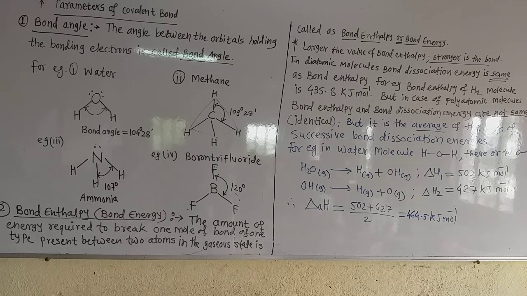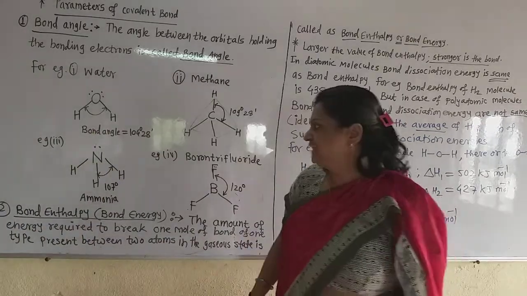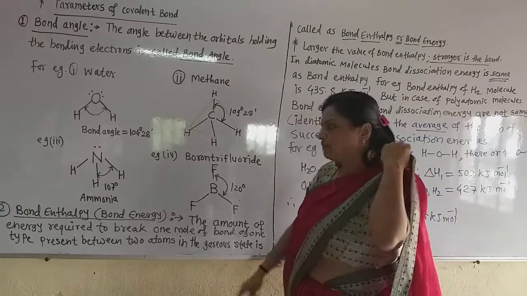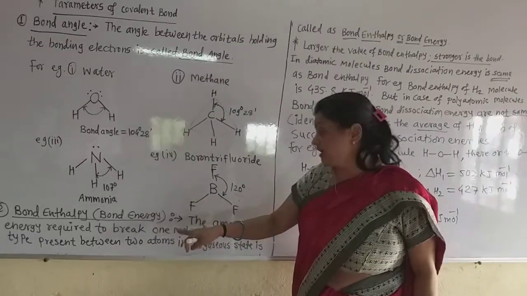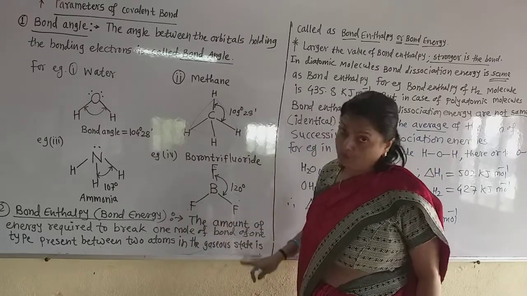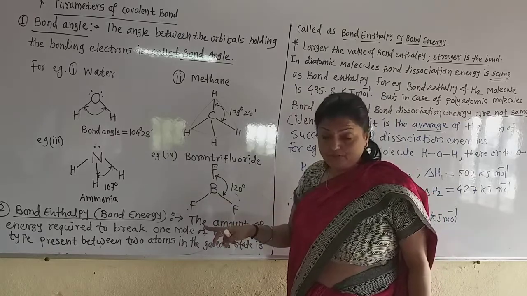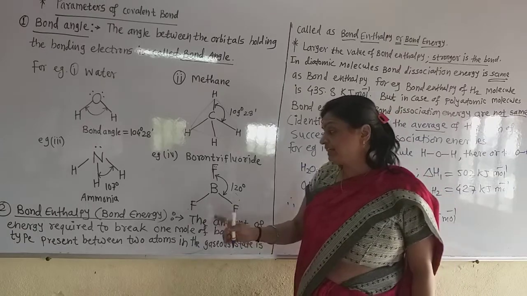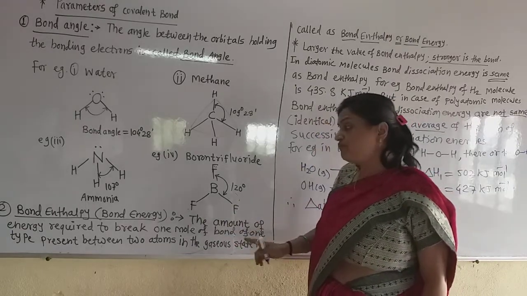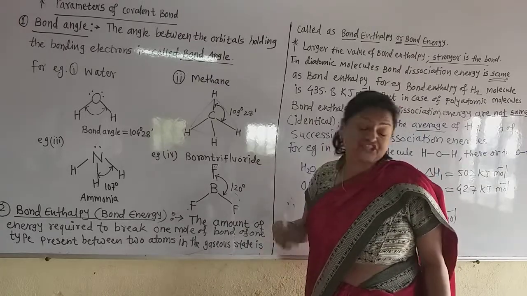So what is the definition of bond enthalpy or bond energy? The amount of energy required to break 1 mole of bonds of one type present between two atoms in the gaseous state.